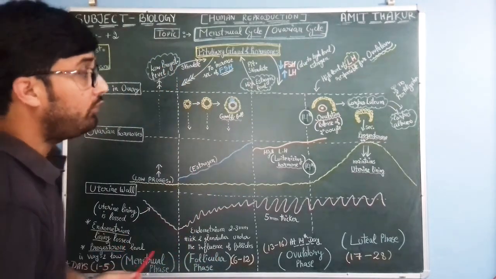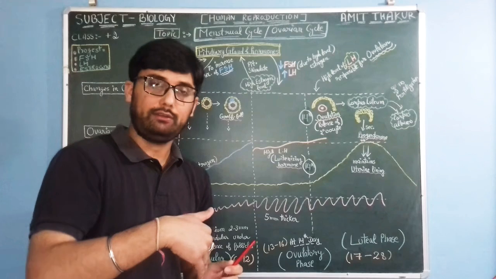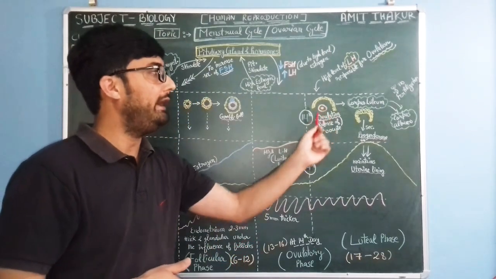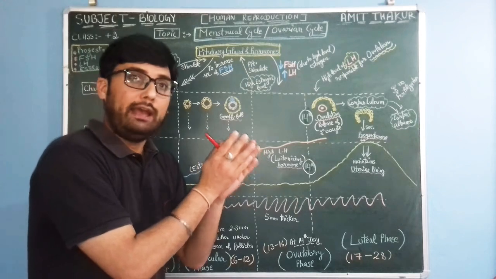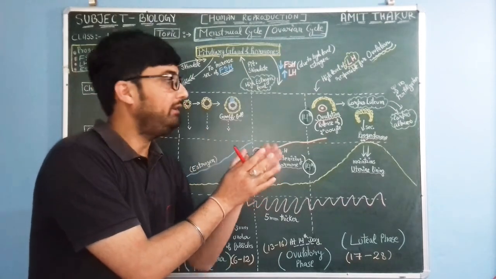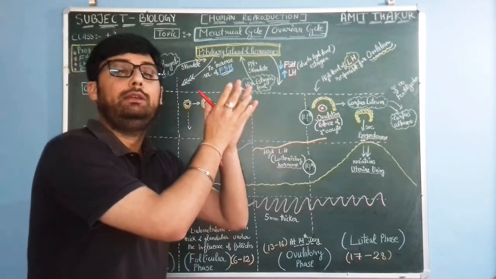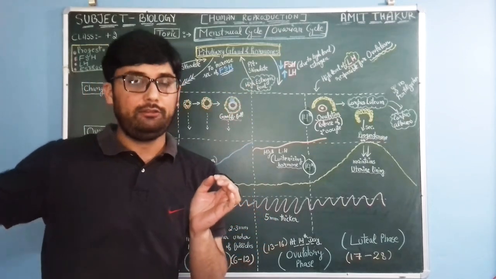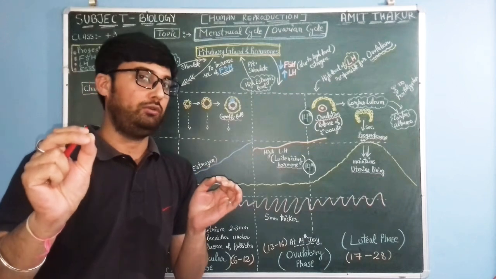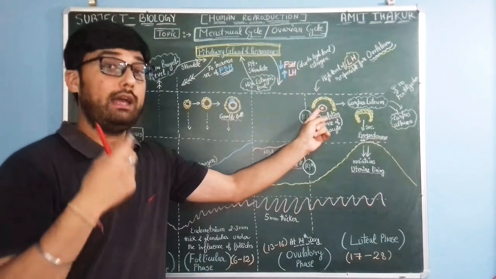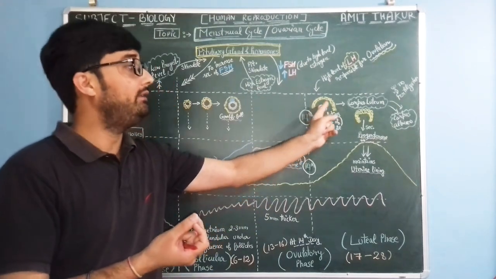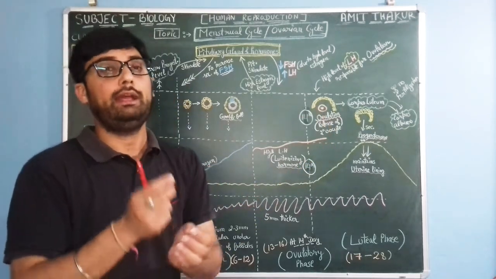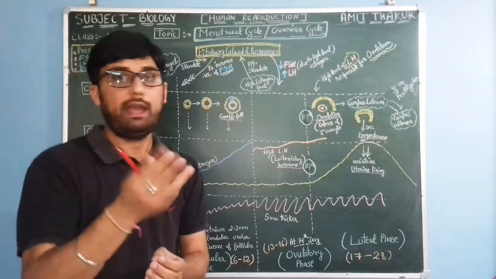Actually, when sperm enters the female reproductive body and this secondary oocyte has reached the fallopian tube, at that very time meiosis II happens and this secondary oocyte becomes an ootid, or a matured egg.